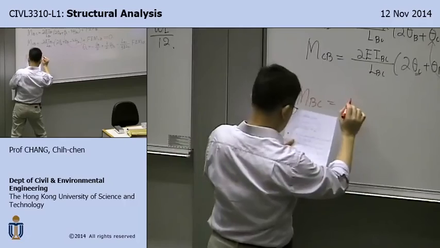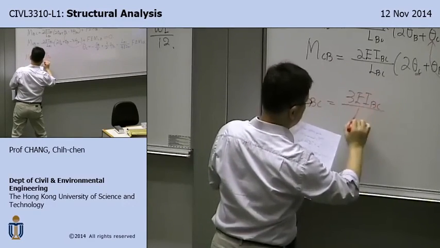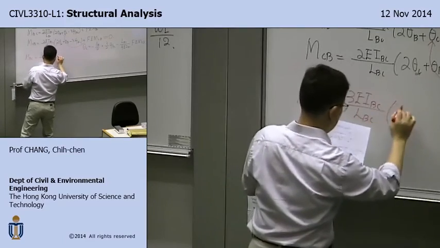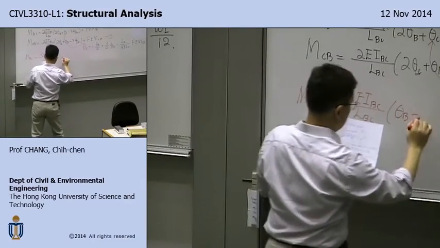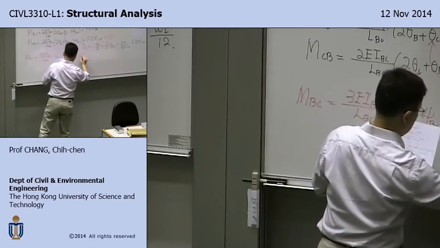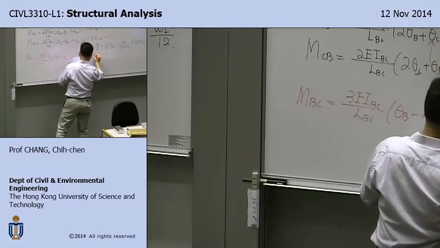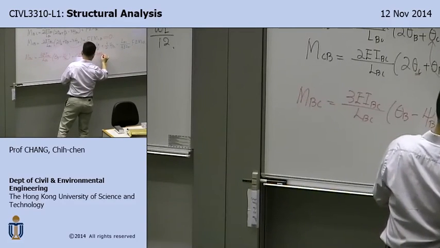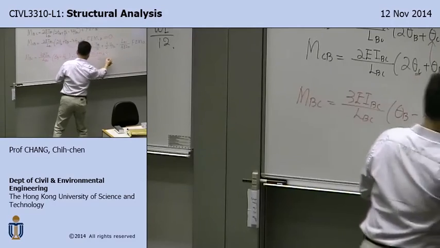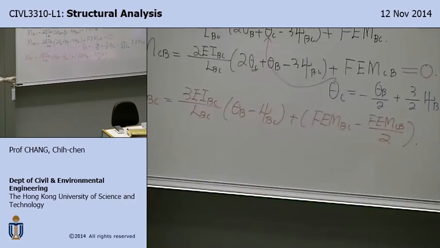So the modified equation is like this. So that's a modified equation where you only have one unknown rotation angle, theta B, in it.